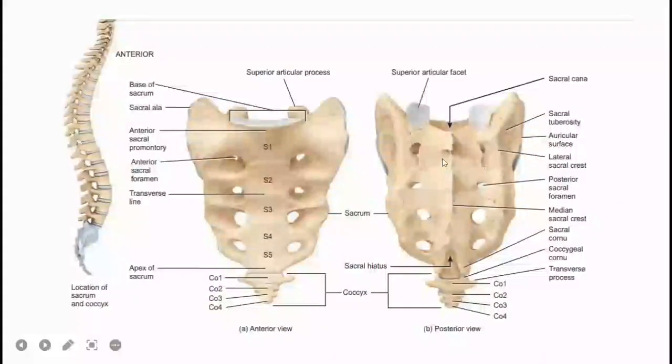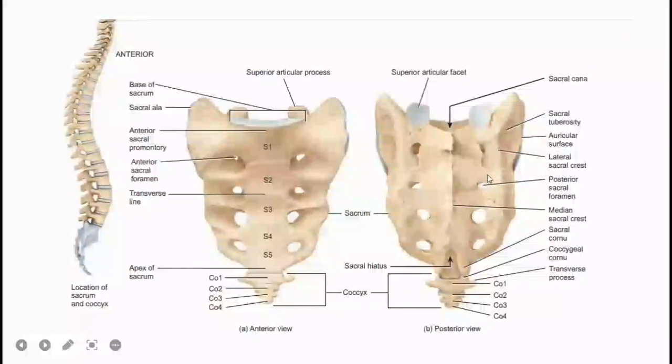These are the images of the sacrum, and they dominate this level of the vertebral column. You can find the structures, of which we'll soon get to the description. For the first part, we have superior articular facet, sacral canal, the sacral tuberosity, auricular surface at this level, lateral sacral crest at this point of the bone.